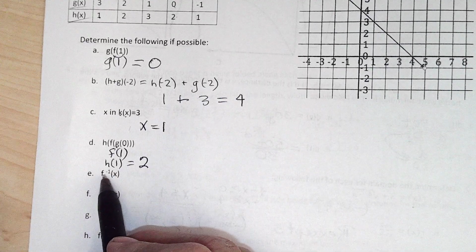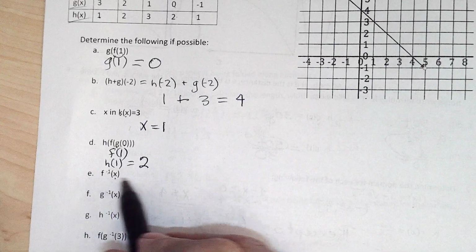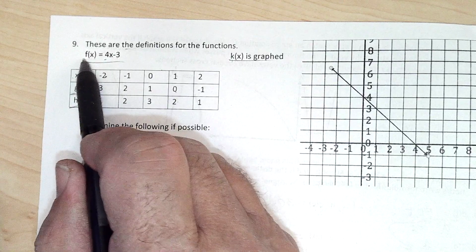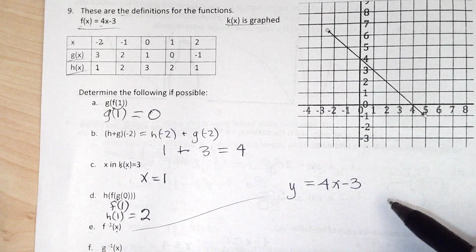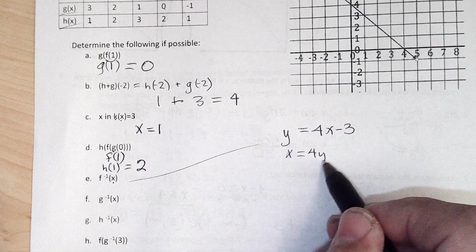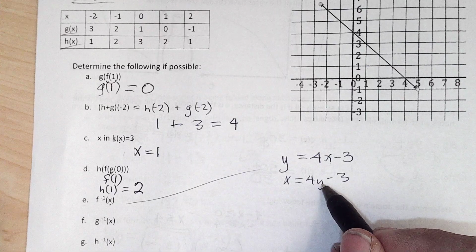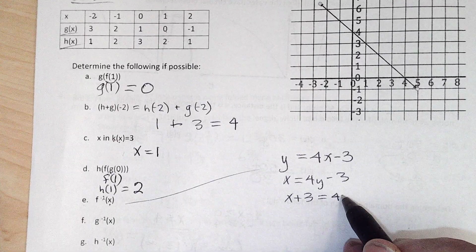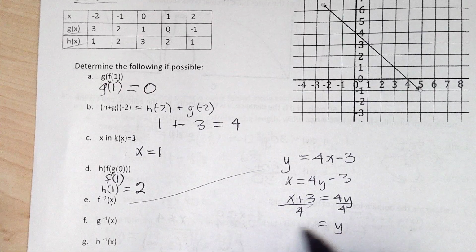Now it says figure out f inverse of x. So the steps I showed you in class is to change the f of x to y, swap the y and x, then solve for y, so add 3 to both sides, divide by 4, and we have the inverse.